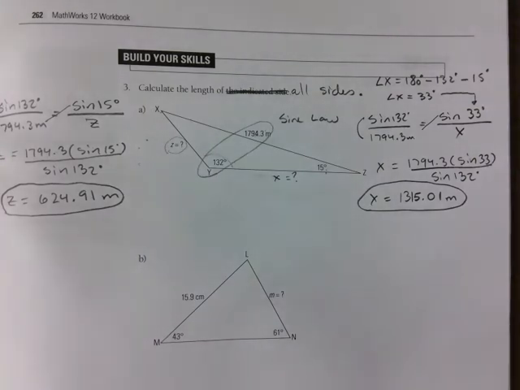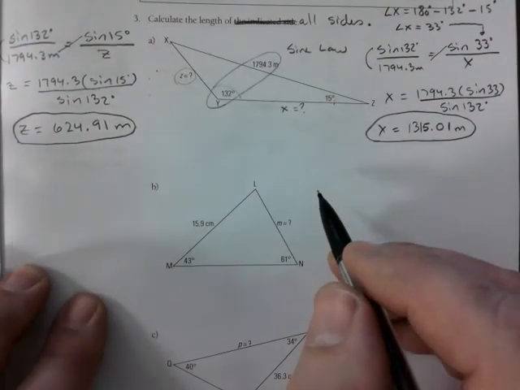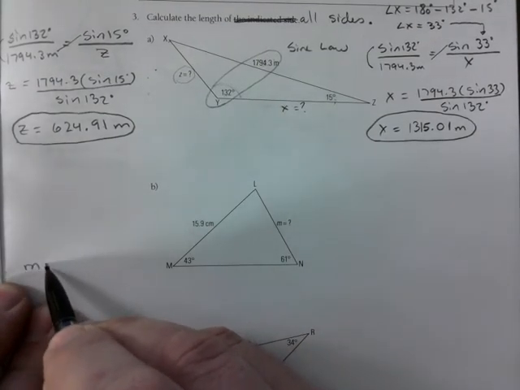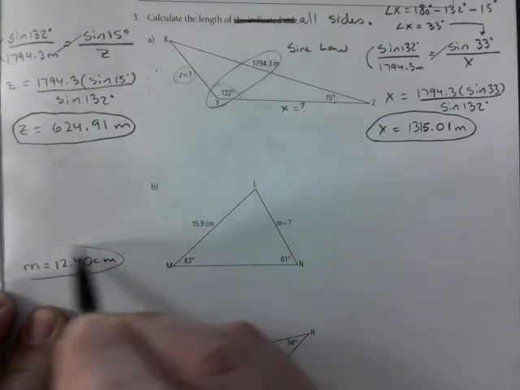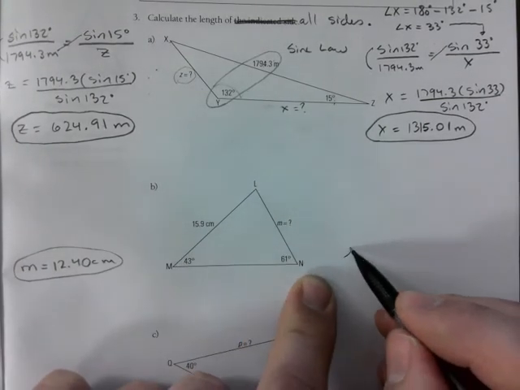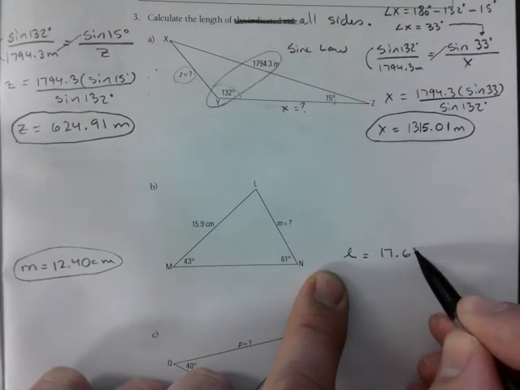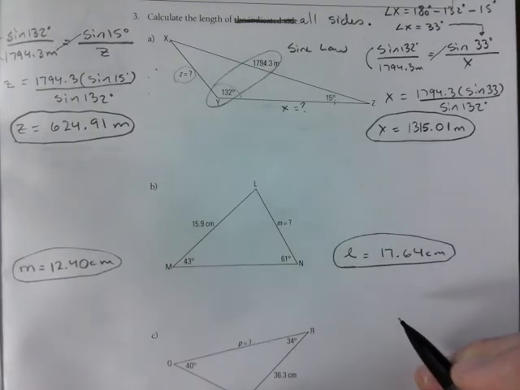Okay. So here will be the answers. I'll put them down next to each one of these, so you can check. So side M here would have been 12.40 centimeters. Side L would have been 17.64 centimeters. Write these down so you can practice them if you don't have them yet.